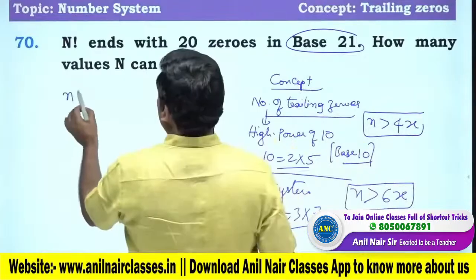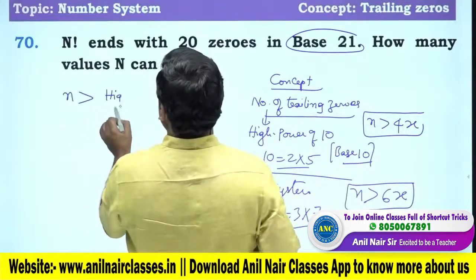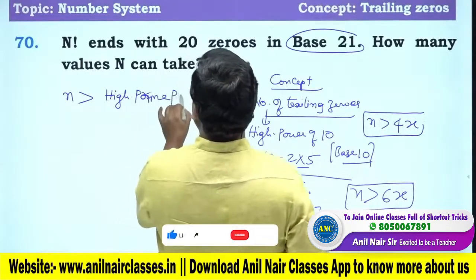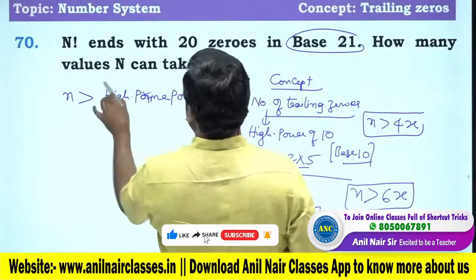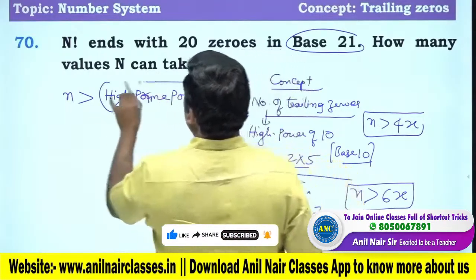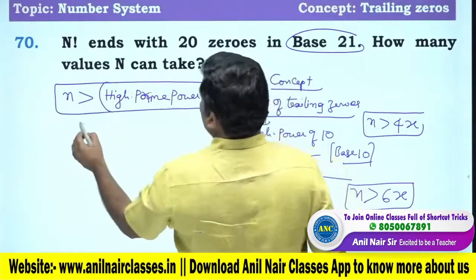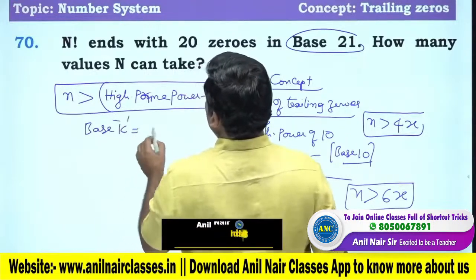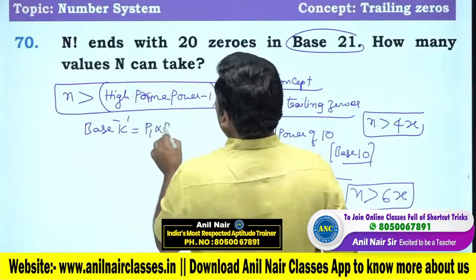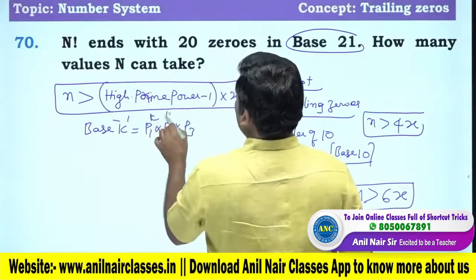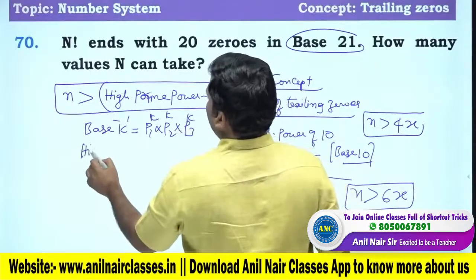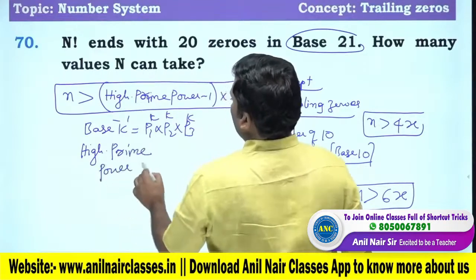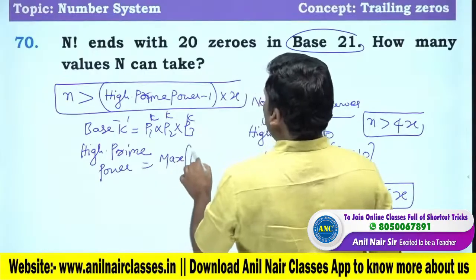So n is greater than (highest prime power minus 1) into x, where base k can be written as P1, P2 and P3. Highest prime power will be the maximum of P1, P2, P3.